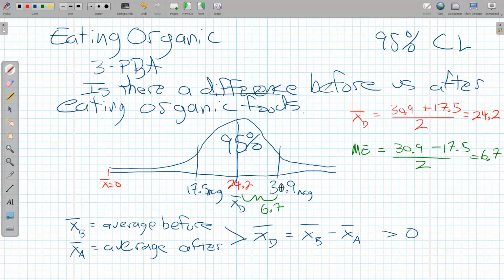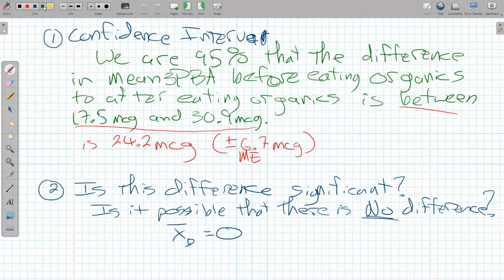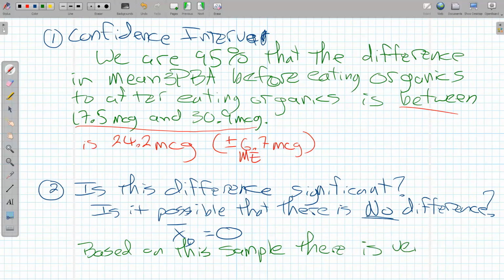And the answer is no, it's not. So based on this sample, there is very little chance there's no difference, that eating organics doesn't matter for the amount of pesticides in somebody's body.